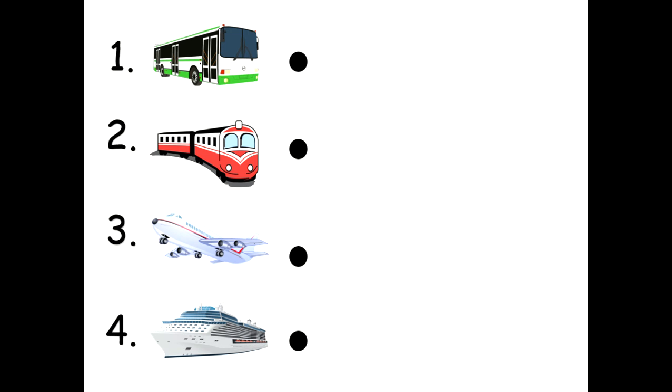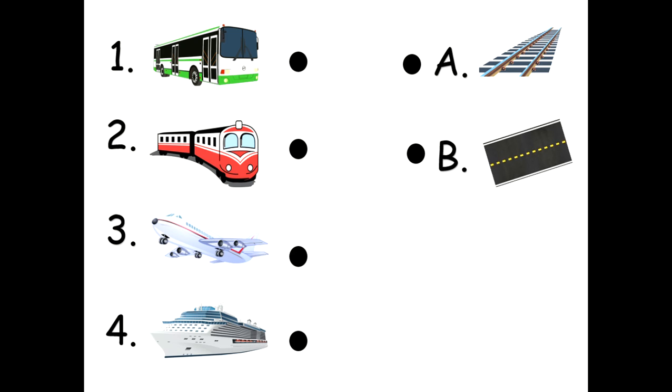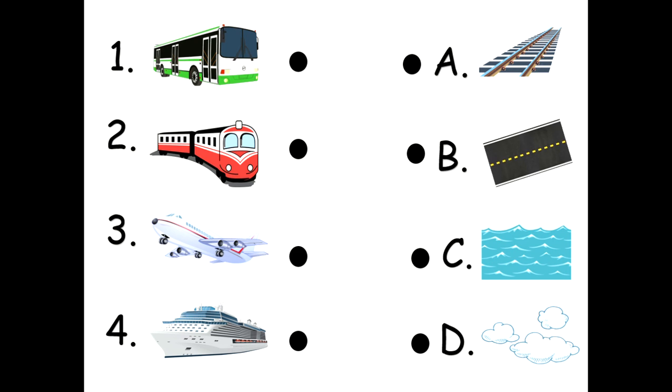Try to match the picture on your left to its proper transport mode. Letter A, railway. Letter B, road. Letter C, water. And letter D, on air.